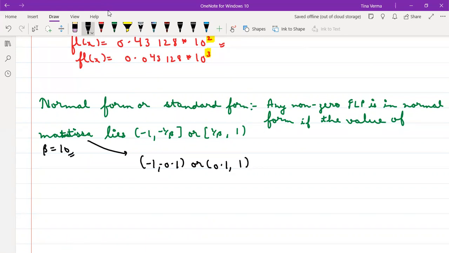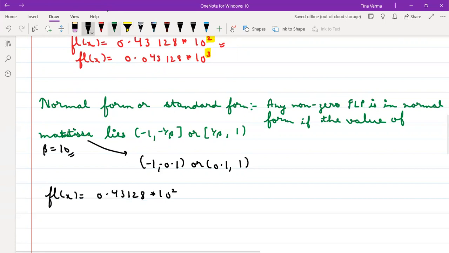That means in short, we can say that this number A1 cannot be 0, because for the floating point representation, this number cannot be 0 if it is in the normal form. For example, if we talk about the same number, if I'm writing 0.43128 into 10 raised to the power 2, this number is in my normal floating point representation.